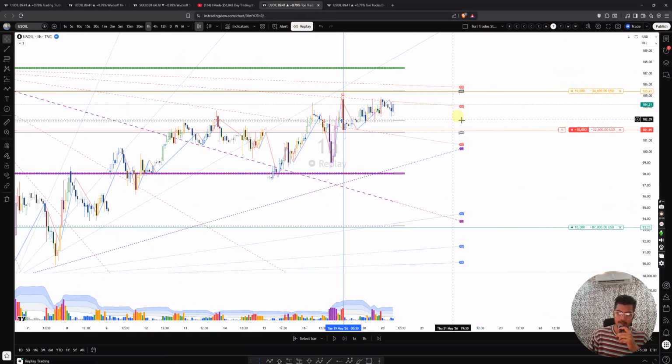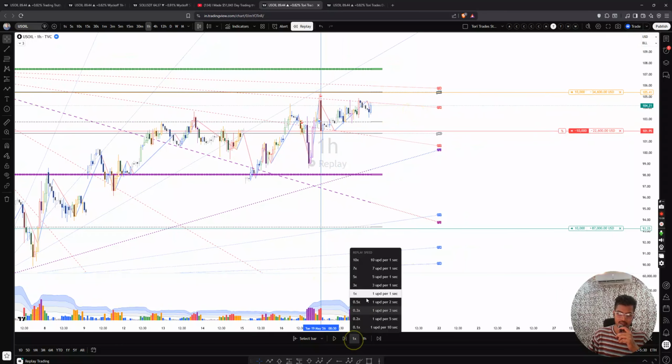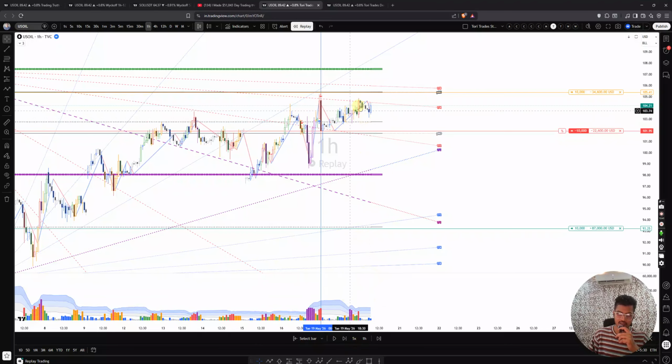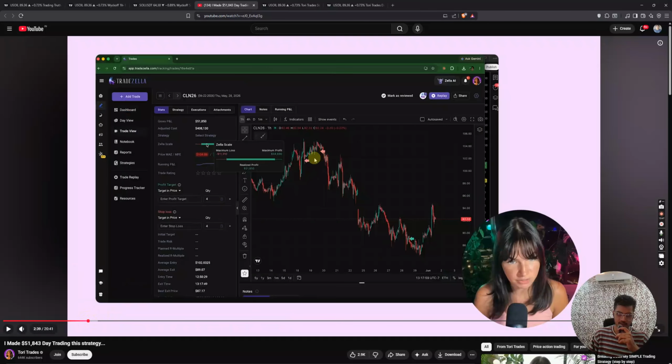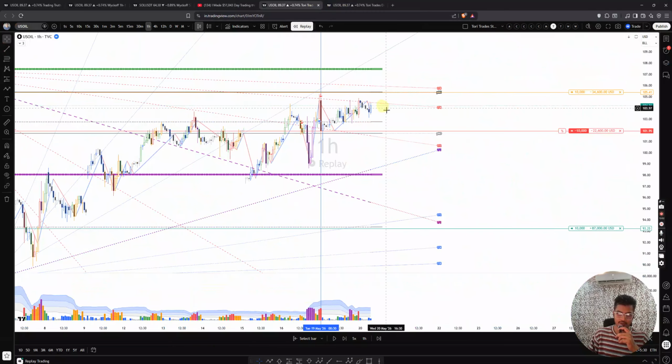So I'm going to let it run. I'm more confident. Instead of selling there, I would have sold here with less risk, right? So this is her trade, and I think she entered again. I think she added 2 contracts. Okay, we can also do that.